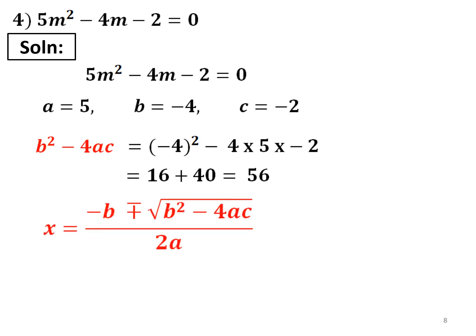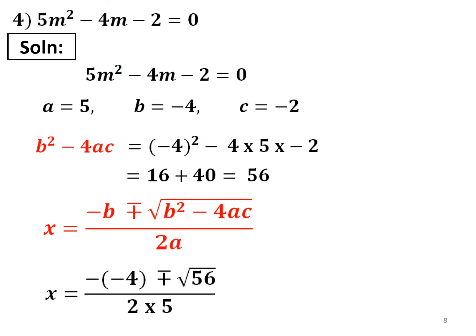We'll substitute in the formula x is equal to minus b plus or minus under root b square minus 4ac upon 2a. So when we substitute, we get x is equal to minus bracket minus 4 plus or minus under root 56 upon 2 into 5.